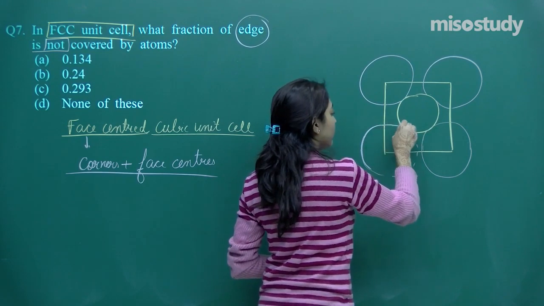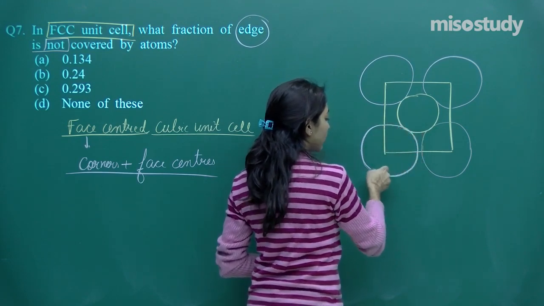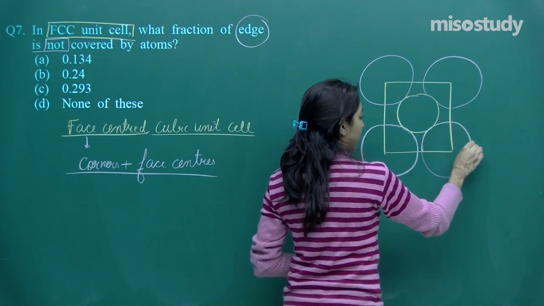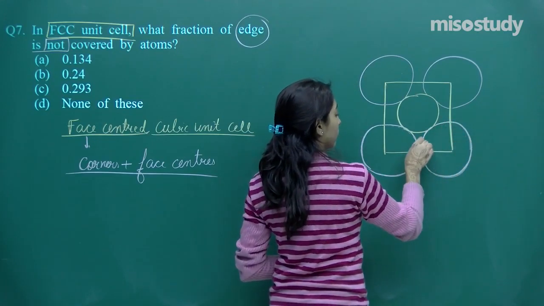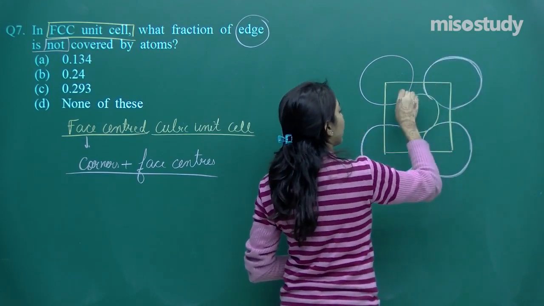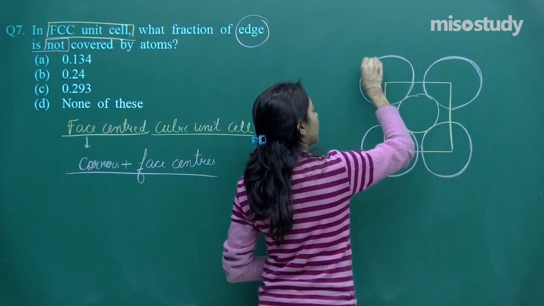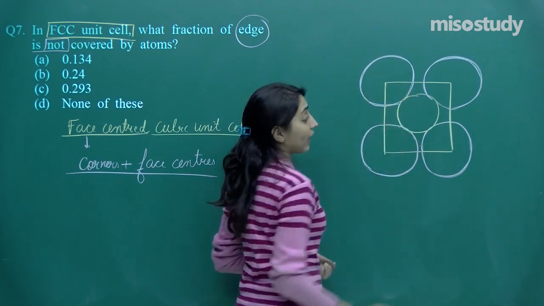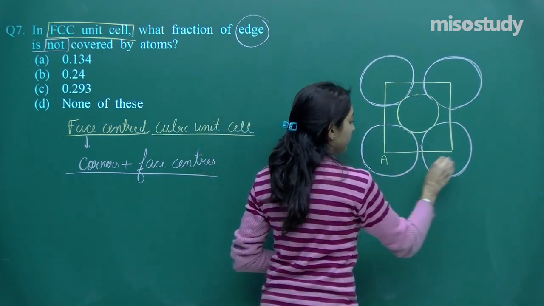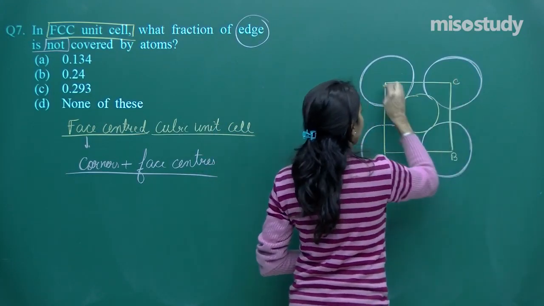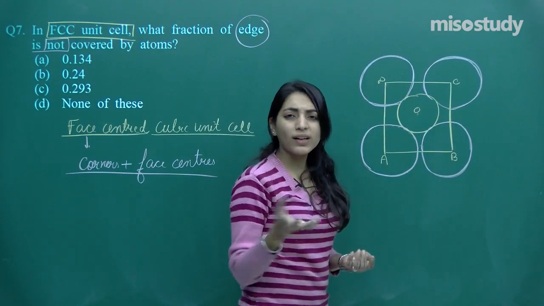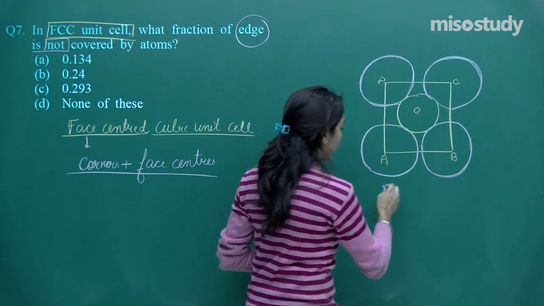So 4 of the spheres are present at the corners of the unit cell. So we can say 1, 2 and 3, and the diagram could have been more symmetrical, and the last one is 4. Right? Now we need to basically figure out. Let us just give them names. Okay. Let us consider the edge length equal to A.